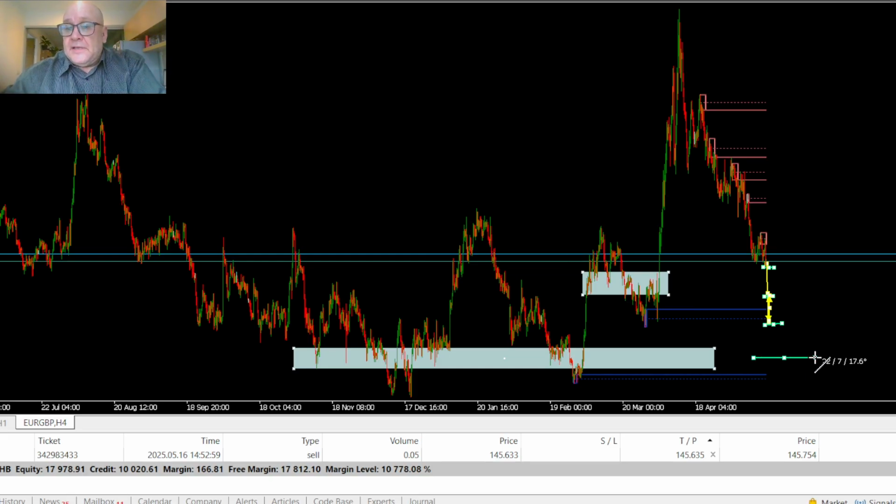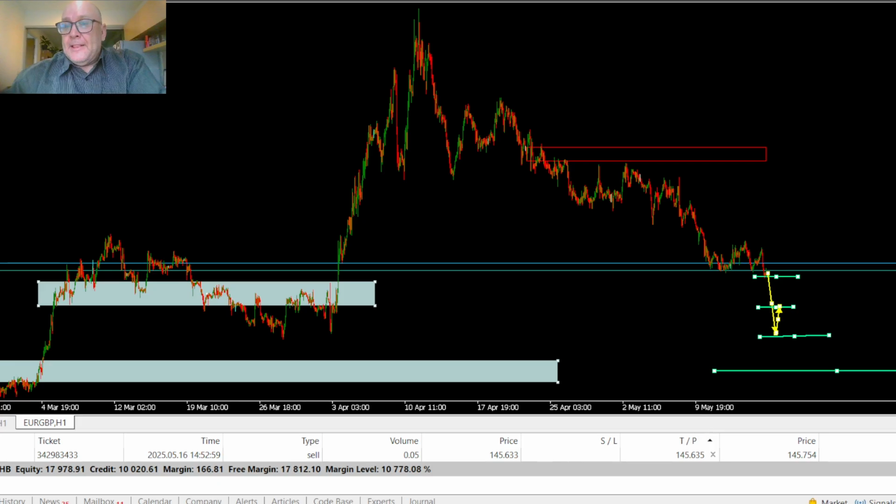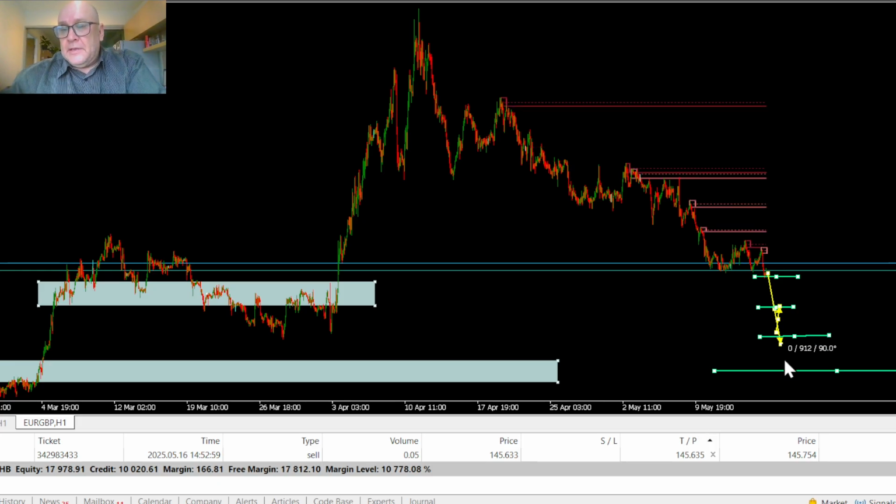But this one, I would double it. If those three are 0.05, say, I'd make this one 0.10. Because then if it punches on down, let's have a look, if it keeps going down and hits that, it's going to be way too hard for it to bounce all the way back up to a break even.